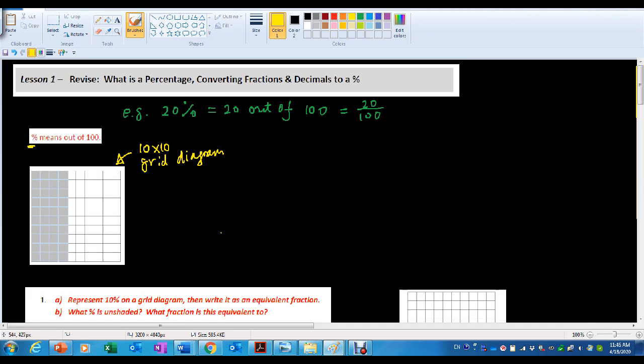From this figure, you see how many small squares have been shaded.